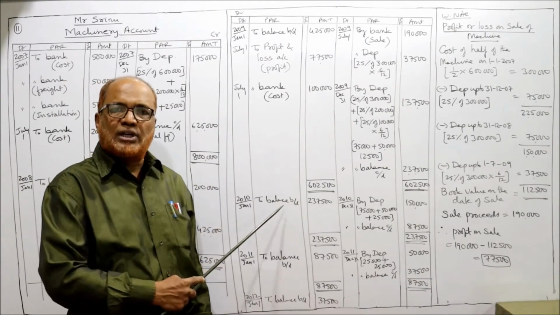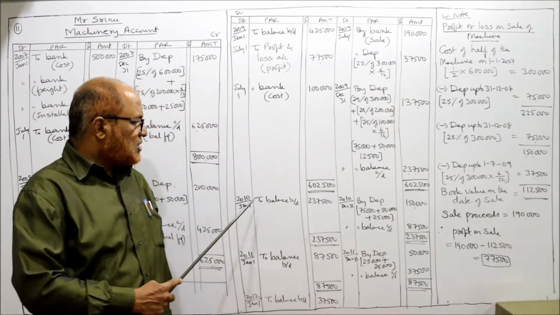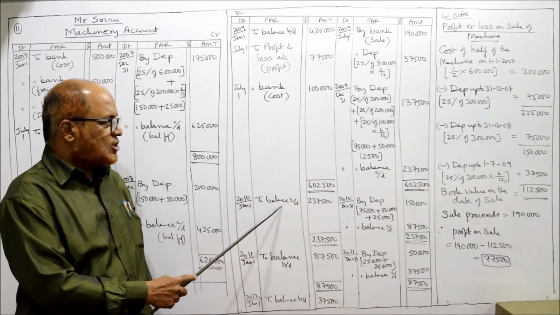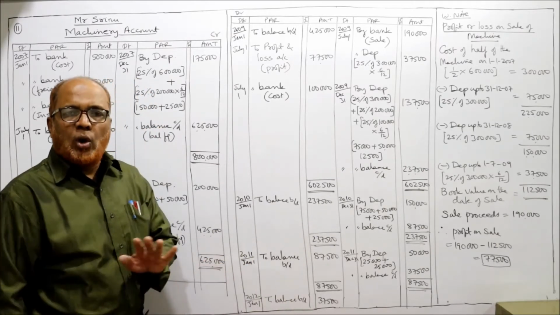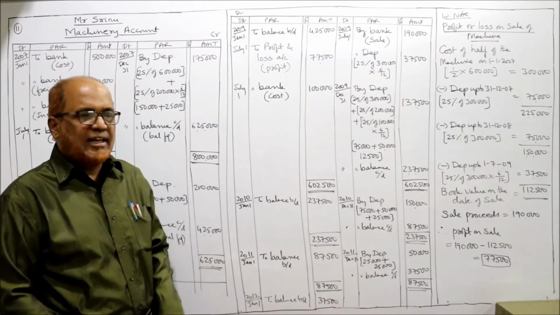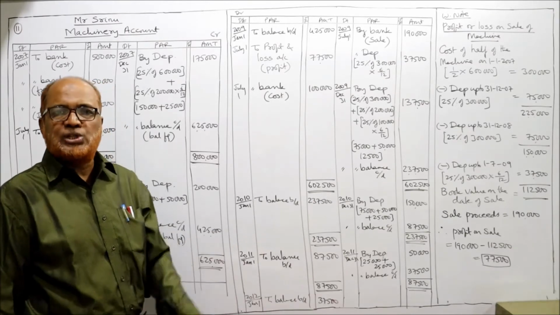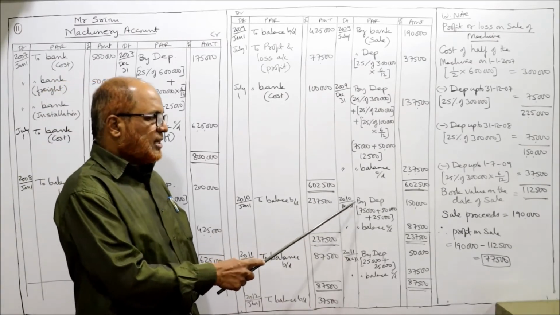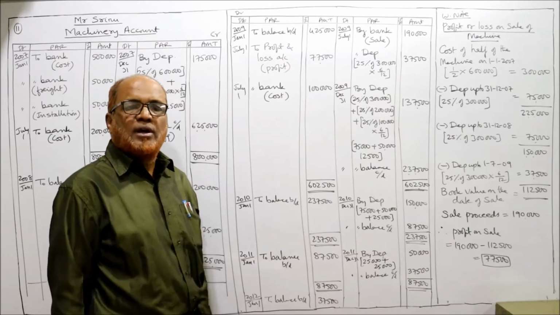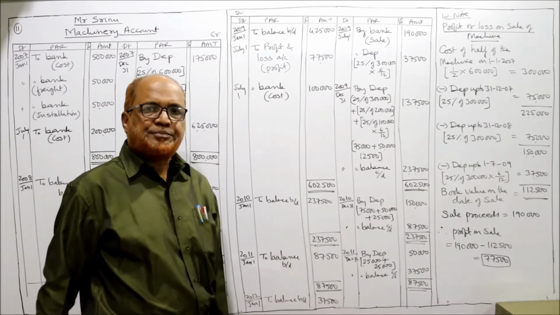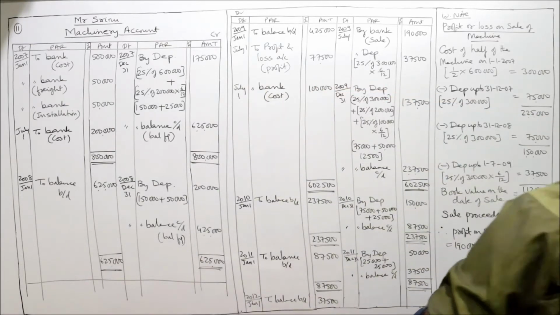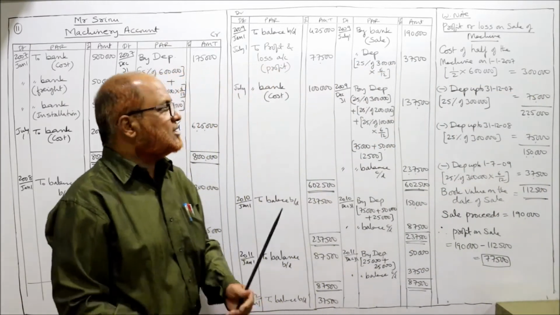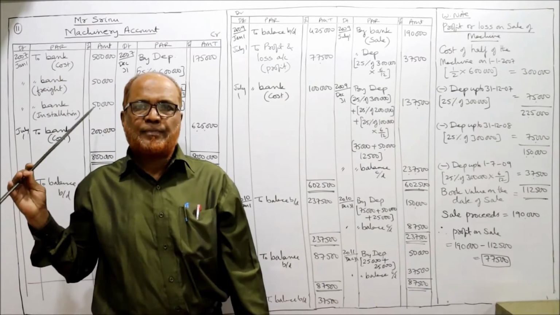Now we'll come to the fourth year, 2010. January 1st, 2010, to balance brought down 2,37,500 coming from the last year. No purchase, no sale in the year 2010. We close the year, 31st December 2010, and provide the depreciation. Now depreciation on the first machine is 75,000.